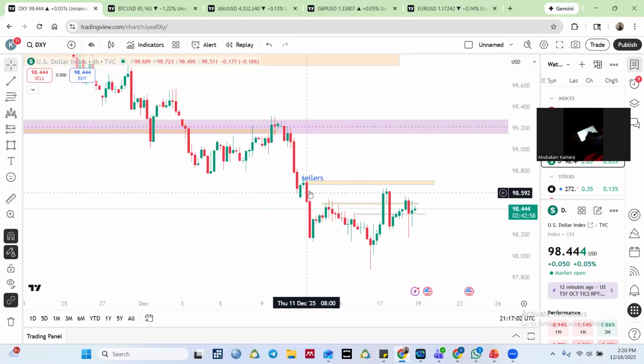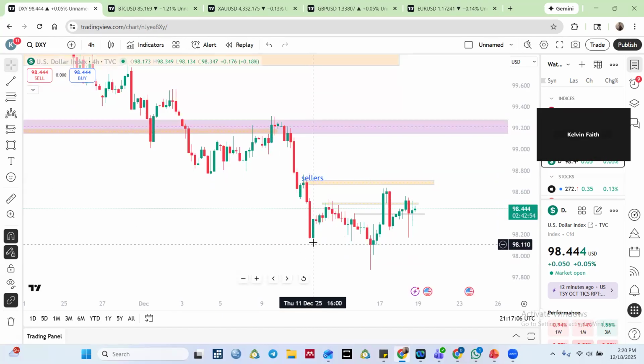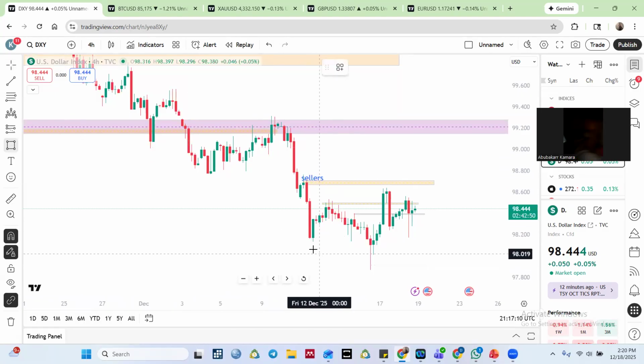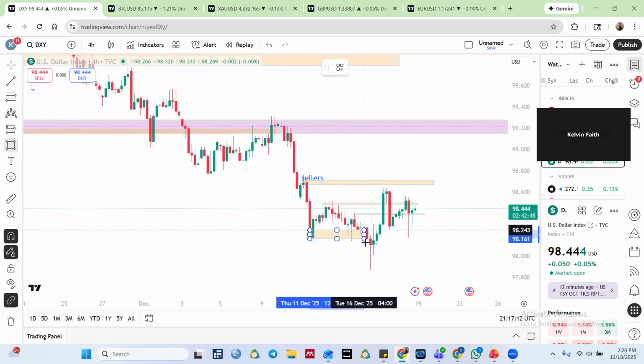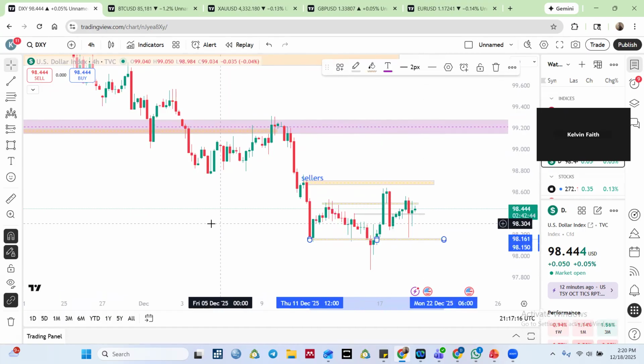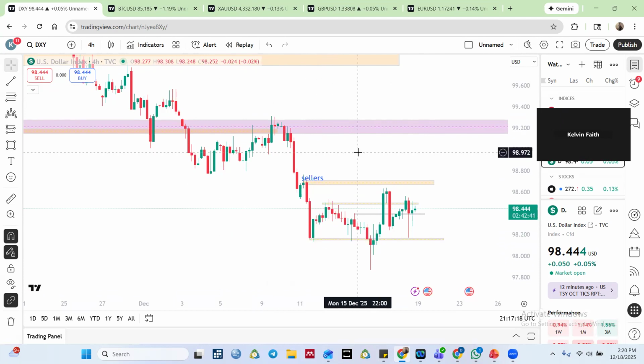So if sellers push the market from here down, then we see that the buyers also push the market from this point up.